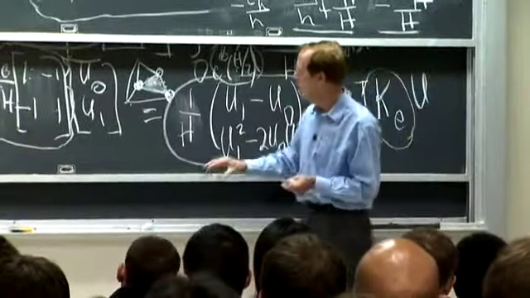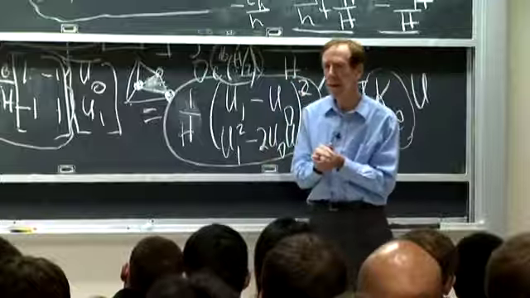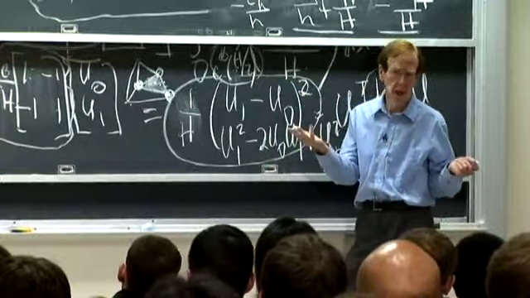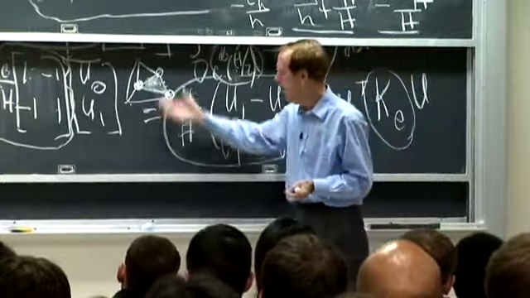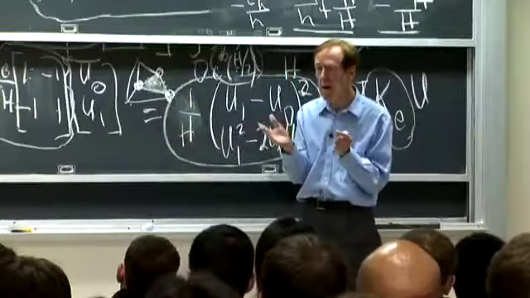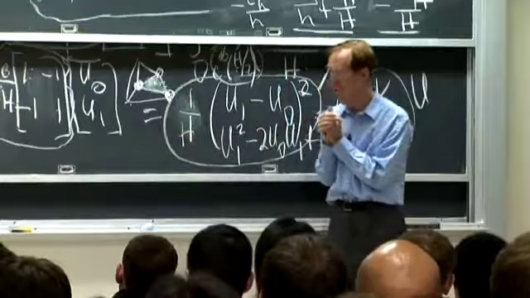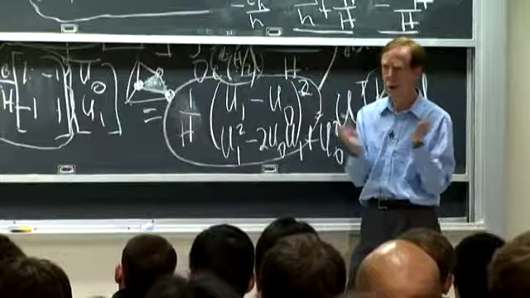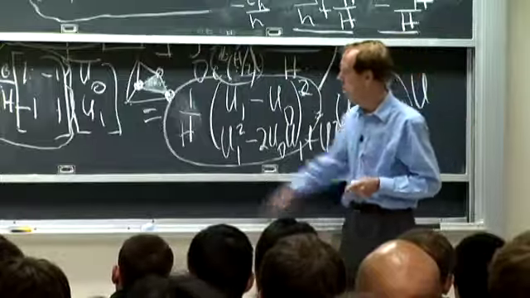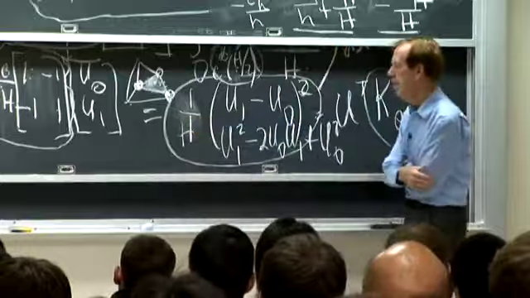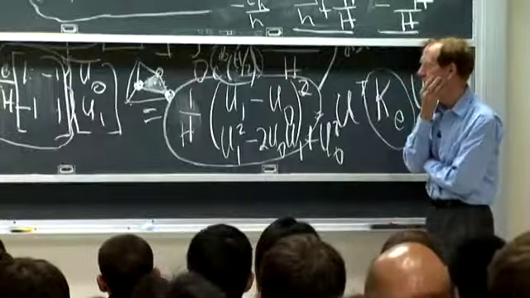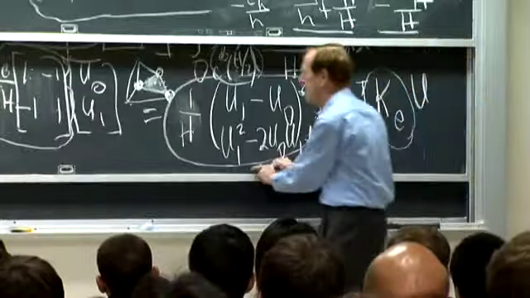And how many of those unknowns are operating inside that triangle? 3. So what will be the size of the element matrix, the non-zero part of the element matrix? 3 by 3. What else could it be? So we'll see what it looks like. Then we'll have integrals over triangles. Okay, so that's good.